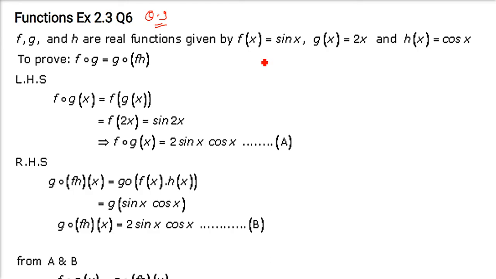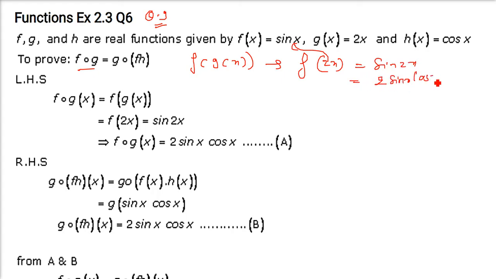Fog is f of gx, and gx is your 2x. So just replace x in fx, which is sin x, with 2x. So sin 2x, and sin 2x is 2 sin x cos x. I just told you in the earlier question.